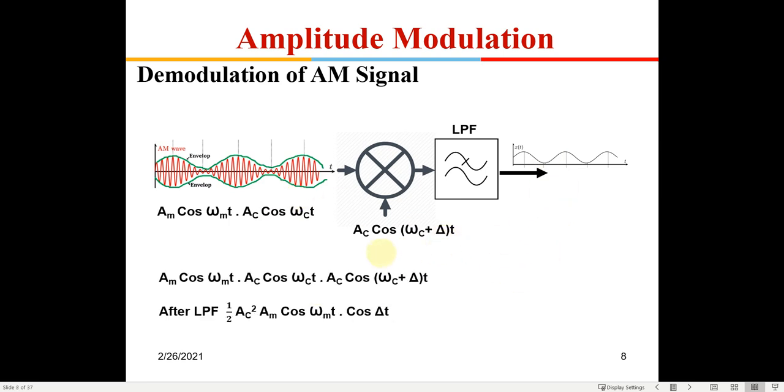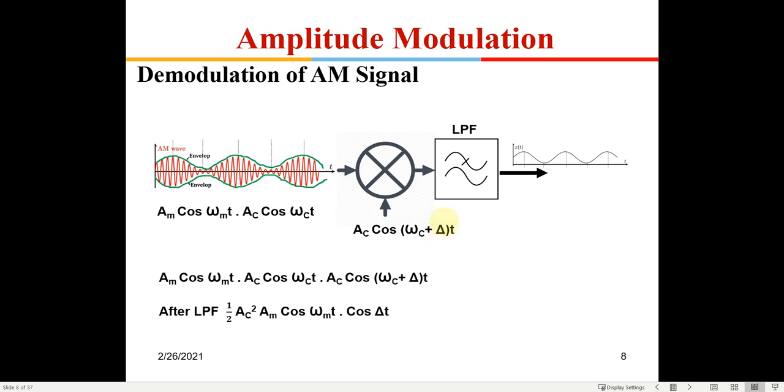Now initially we assumed that the signal available in the receiver is the carrier signal. But that cannot always be true. You are generating some carrier wave at the transmitting side, and you are generating some carrier wave in the receiving side also. They need not be exactly of the same frequency and the same phase.